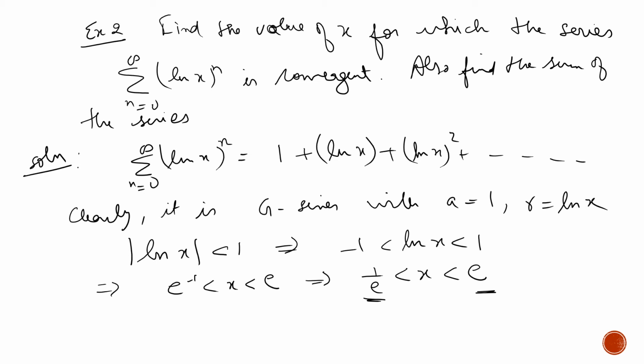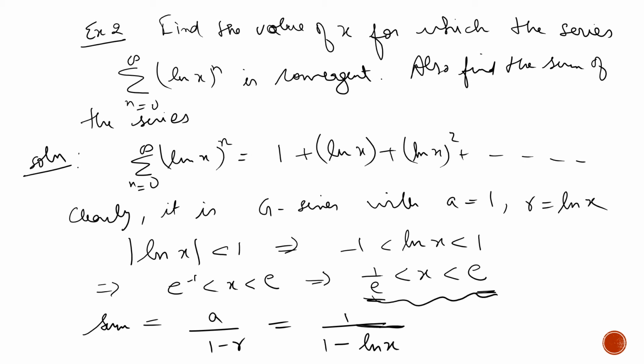And then you also need to find out the sum. So you already know that for this the sum will be equal to 1 upon (1 minus log of x). Now x should be in between these values. So whenever you choose any x in between, the sum of the series will be equal to this term.